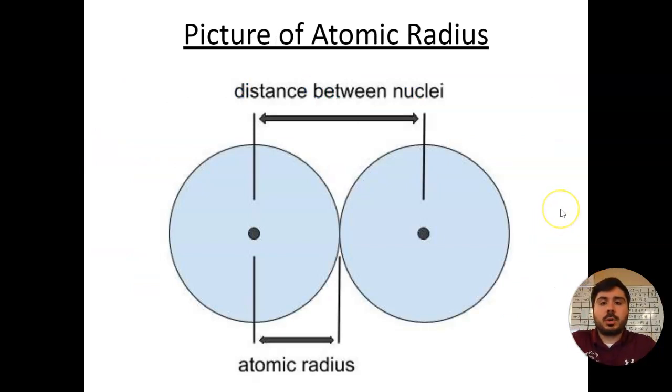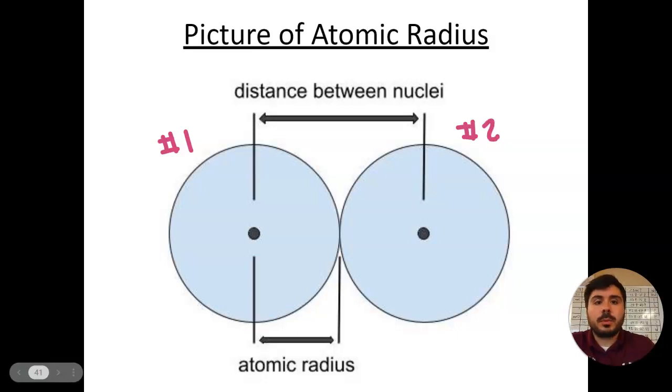So let's look at some pictorial examples of atomic radius. This is an example of two different atoms: this is atom number 1, and this is atom number 2. Right in the dead center of each of these atoms is the nucleus, and the circle around it is the outermost electron, one of our valence electrons in our outermost shell.